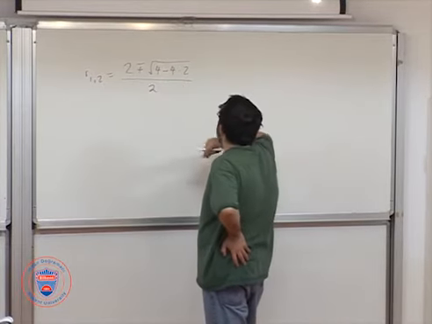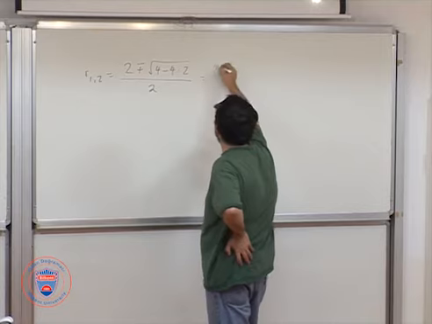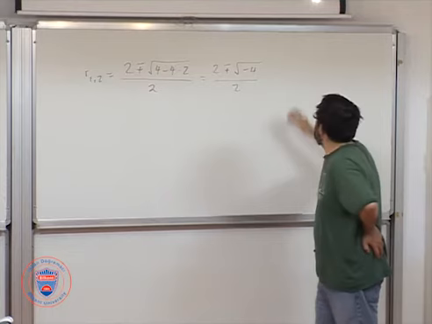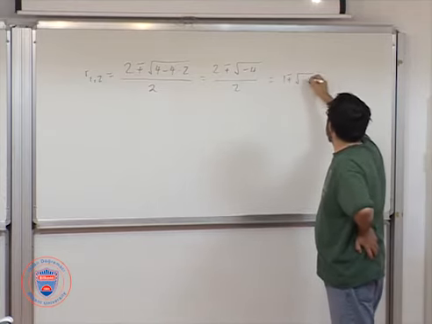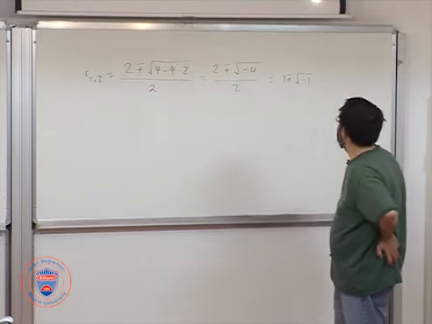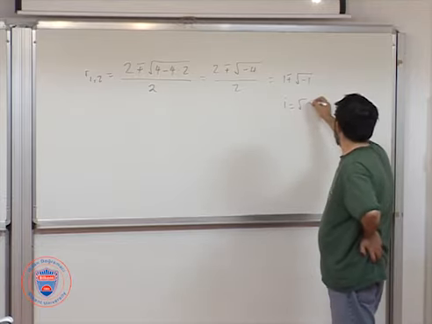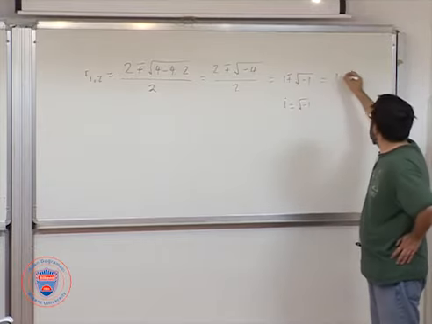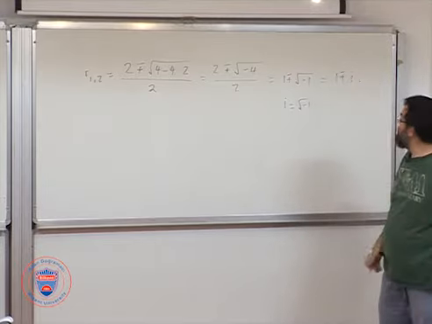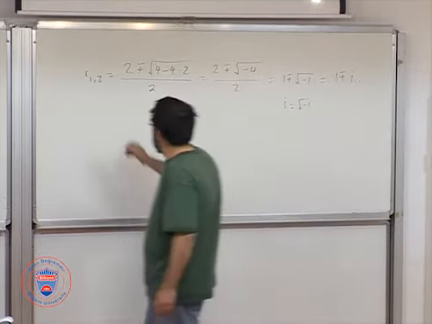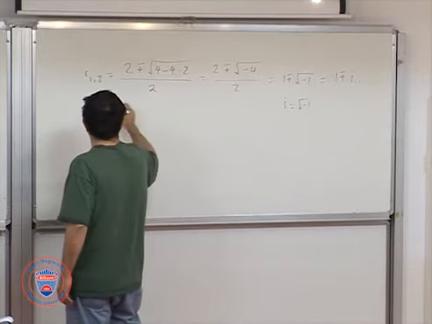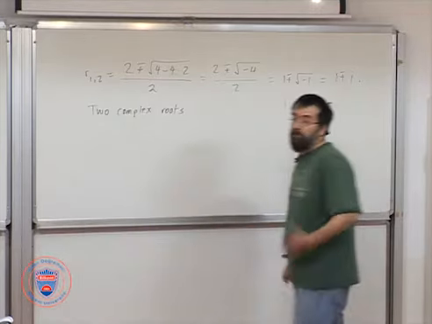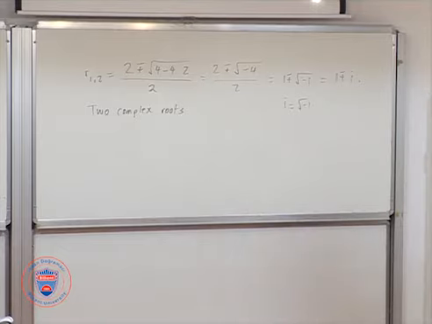This part is 4 minus 8, so it's 2 plus minus square root of minus 4, divided by 2. You can see that this is 1 plus minus square root of minus 1. Now, in complex number theory, you use i for this, so you get two complex numbers, two complex roots. And that's why the case is called the complex roots case.